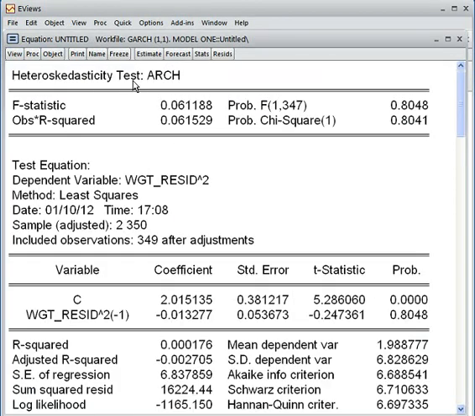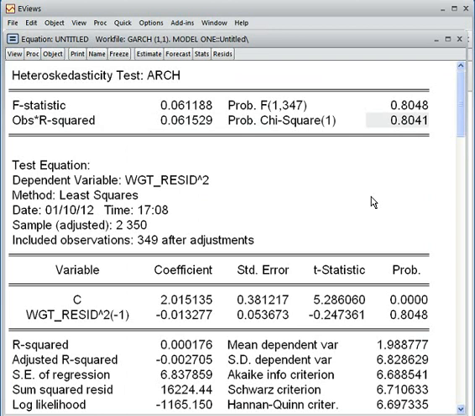This is the ARCH test, observed R-squared and the corresponding p-value. How much is the p-value? 80.41%, meaning that it is more than 5%. The guideline is that if the p-value is more than 5%, we cannot reject the null hypothesis.